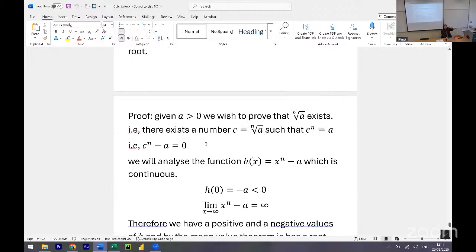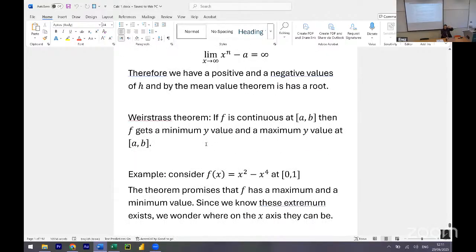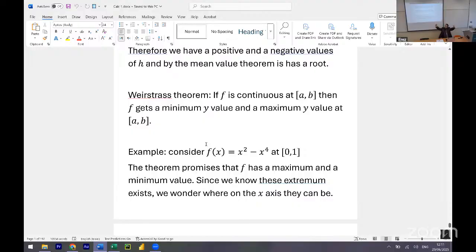The second theorem was Weierstrass, which says that if the function is continuous between a and b, including a and b, square brackets, then it will get a maximum value and a minimum value.